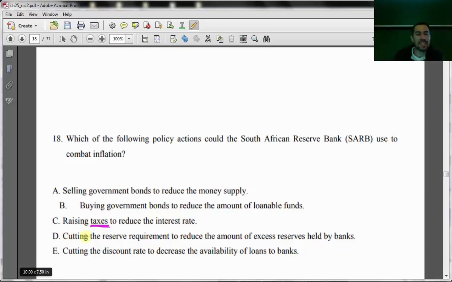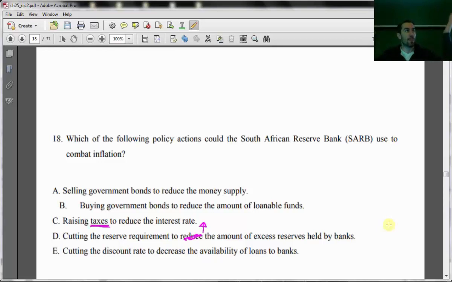Okay, what about option D, cutting the reserve requirement to reduce the amount of excess reserves held by banks? First of all, if you cut the reserve requirement, will that reduce the amount of excess reserves? No. If you cut the reserve requirement, it's going to increase the amount of excess reserves. So if you increase excess reserves, what are banks going to do with them? They're going to lend them. So what's going to happen to the money supply?